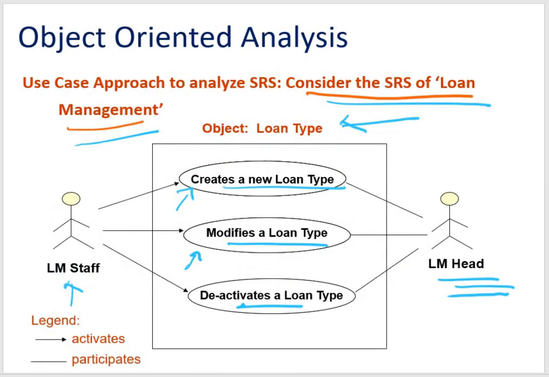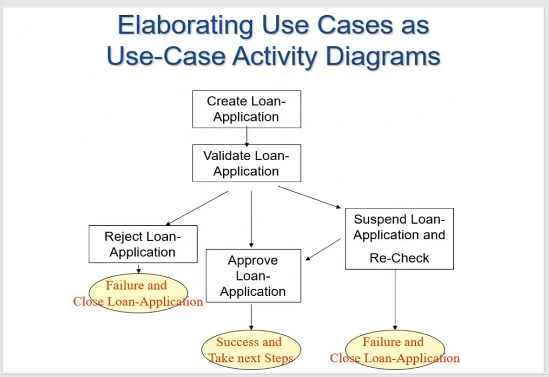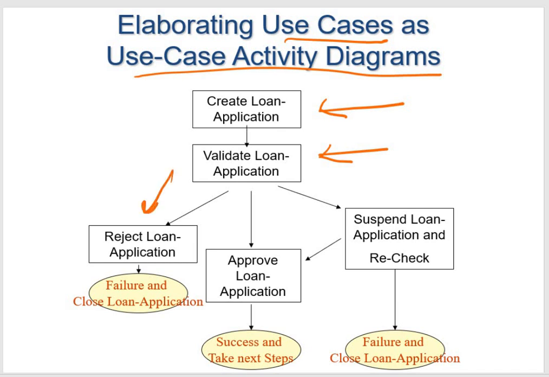Use case activity diagrams are helpful when the situation is complicated, with multiple or alternate possibilities of response from the object. In this case it becomes very handy to use the use case activity diagram. So now let's elaborate the use cases as use case activity diagrams.